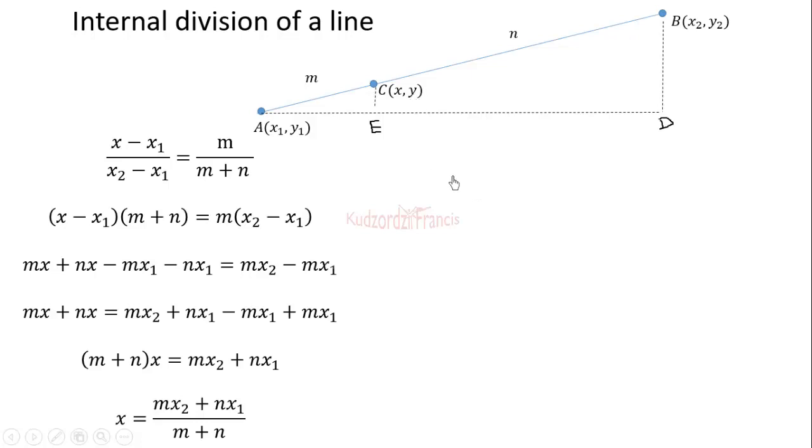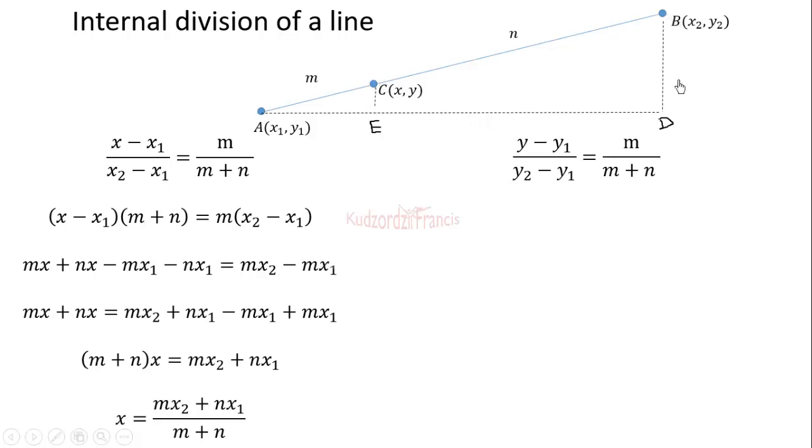So using a similar approach, we have y minus y1 over y2 minus y1. So y minus y1 is this. The y coordinate of E here will be y1, over, so this distance is what we are calculating, CE.